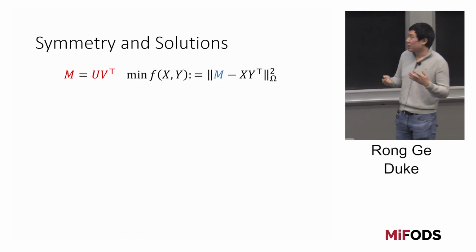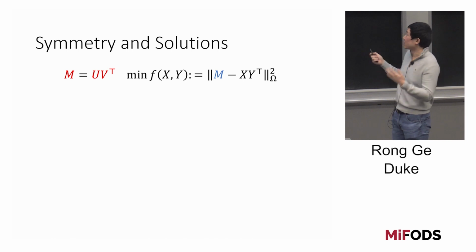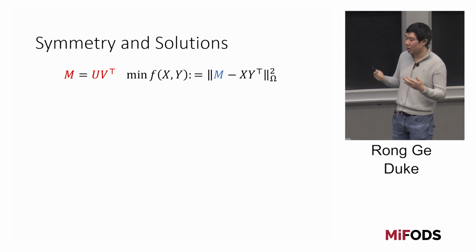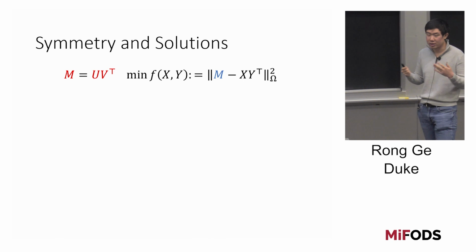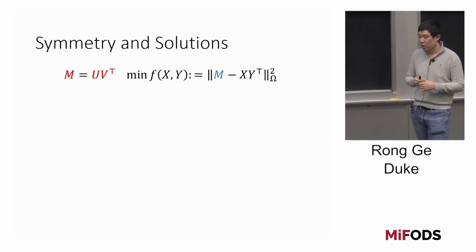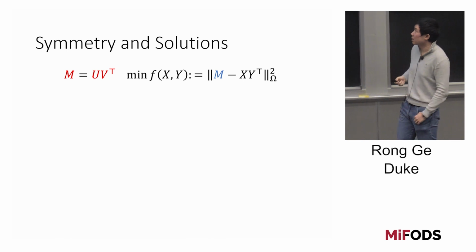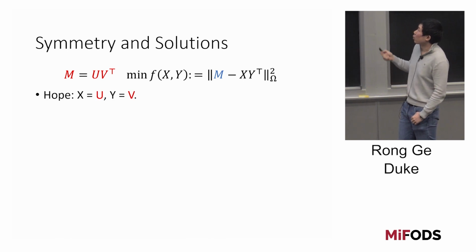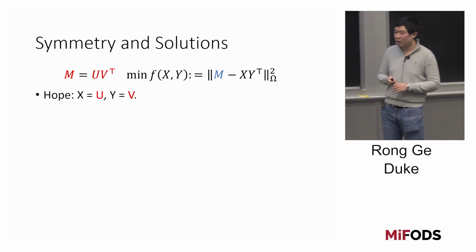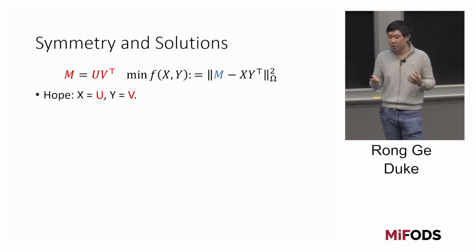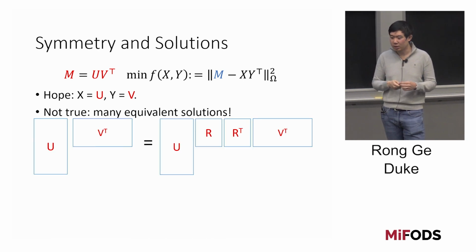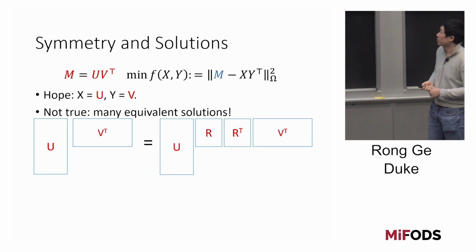As I said, in many cases, the reason this function is not convex is that there are symmetries within the solutions. So what are the symmetries for this objective function? Remember, we hope that x is equal to u and y is equal to v. This is not going to be true in general because there are equivalent solutions.